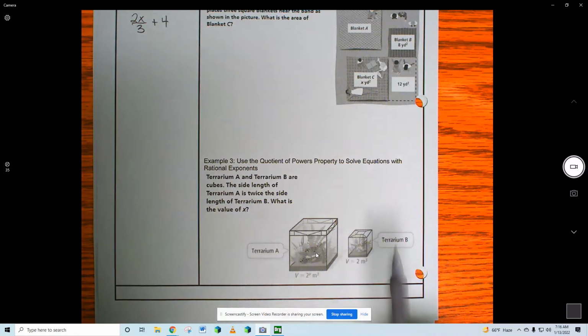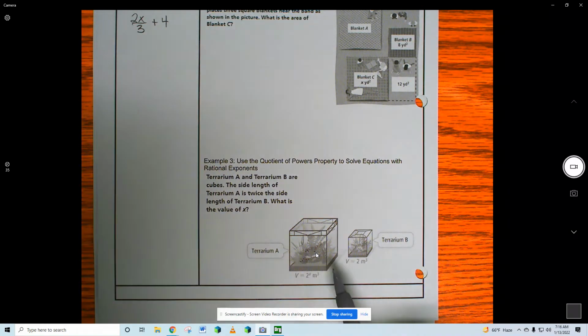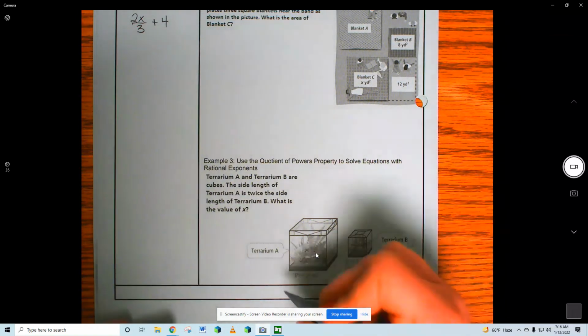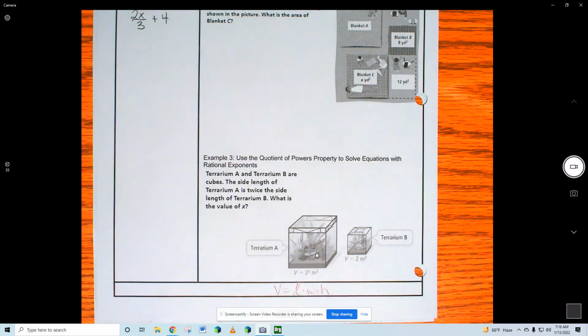The side length of terrarium A is twice the side length of terrarium B. So it's like double the size, right? So I need to write down, if it's twice the size, the volume equals length times width times height. Yeah? Length times width times height.